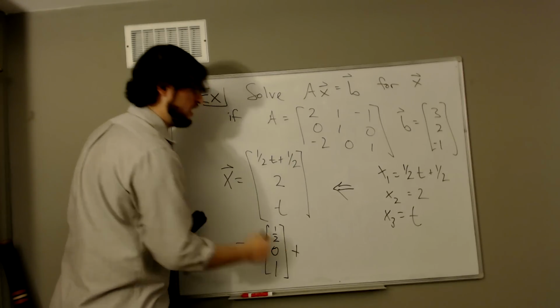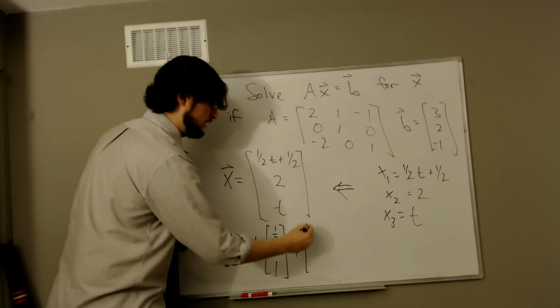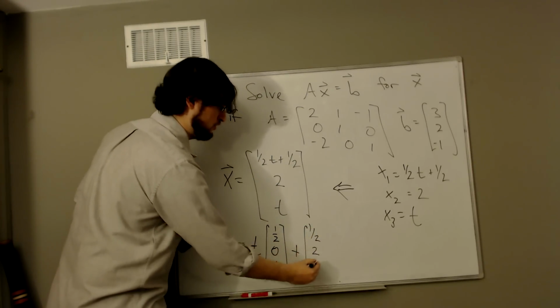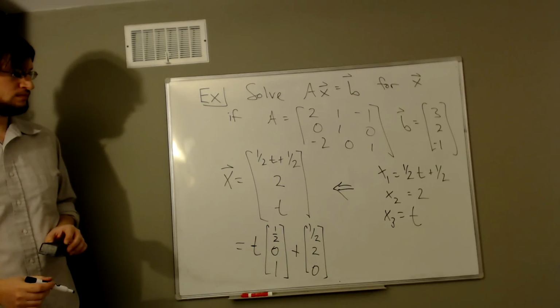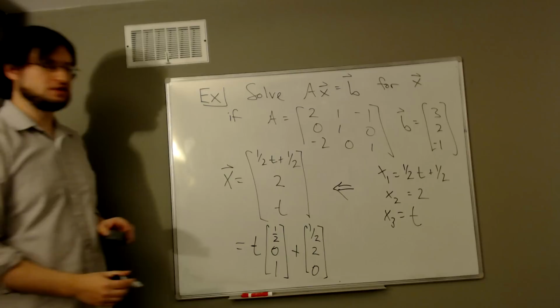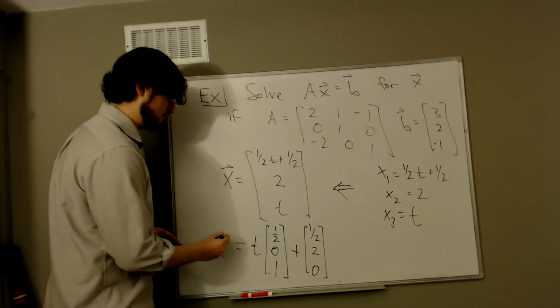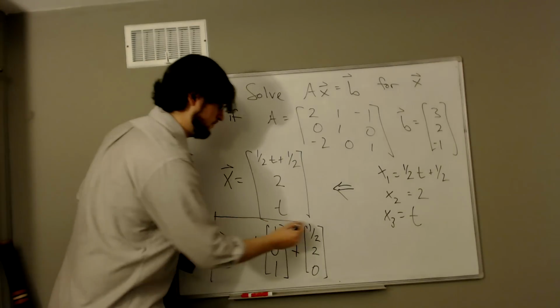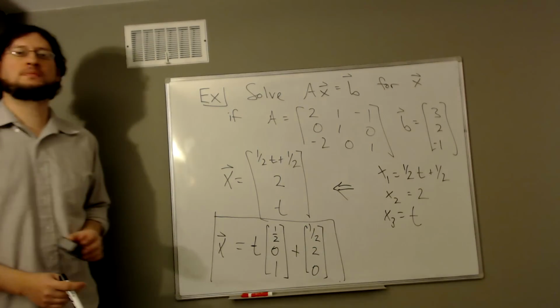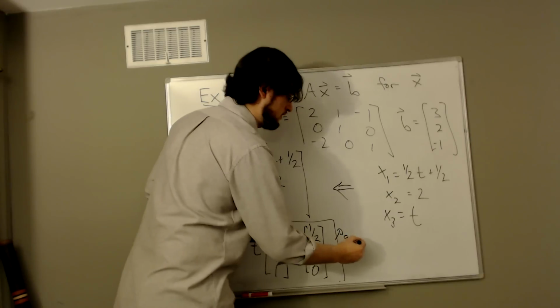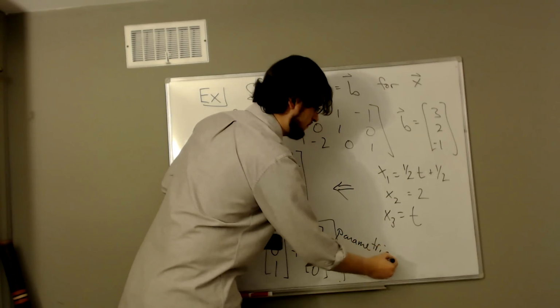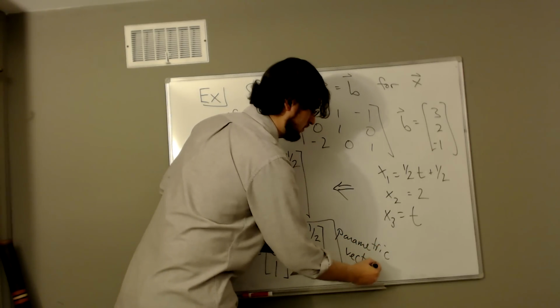And if I look at the constant terms, I get 1 half, 2, 0. And so this is the solution to my equation in vector form. We call this parametric vector form of the solution.